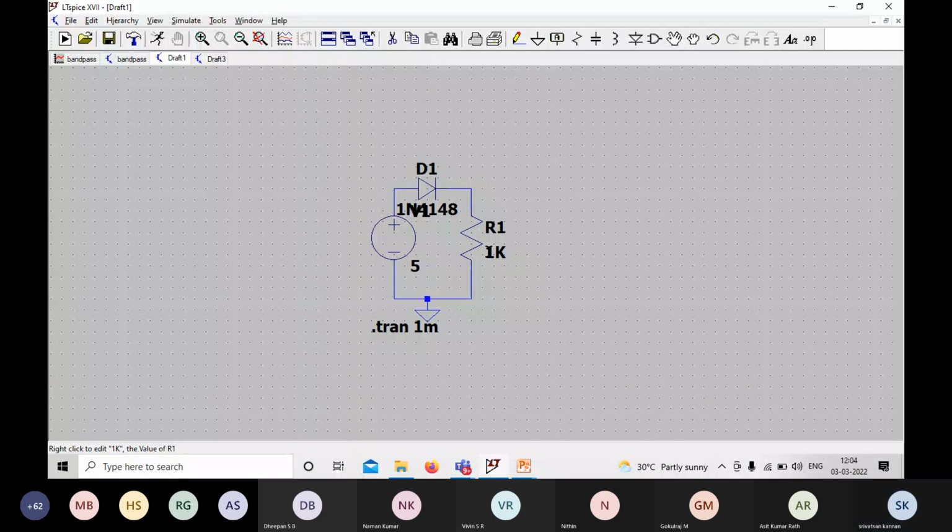Yes, finished. So next we can simulate it.